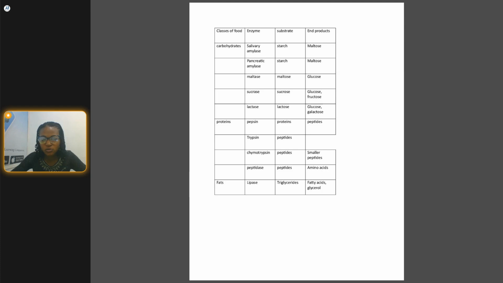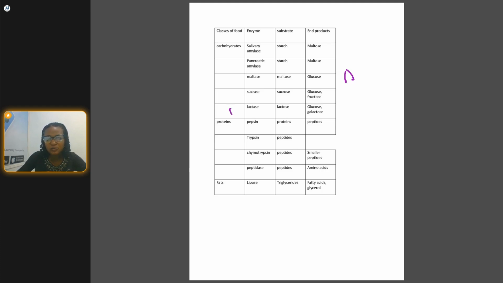And what is the function of the carbohydrates? You can see we have different enzymes working on carbohydrates. We have the salivary amylase, just as you can see on the board.